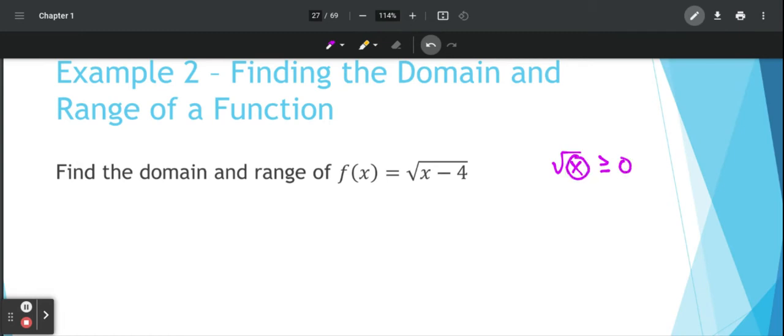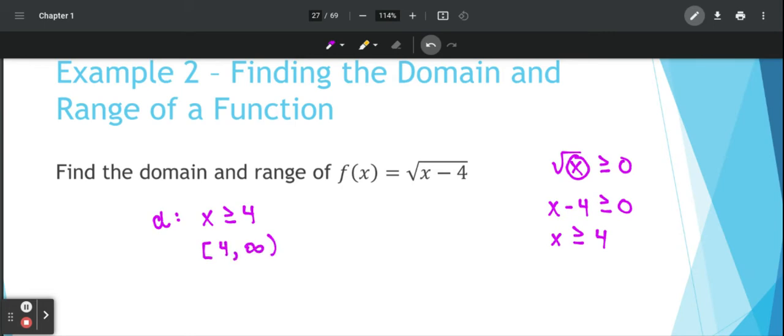So when you have the square root, we can take what's underneath the square root and set it greater than or equal to 0. So if we know that x minus 4 has to be greater than or equal to 0, then x has to be greater than or equal to 4. So your domain, if you were writing it as an inequality, you would say x is greater than or equal to 4, or you would say 4 to infinity if we were using interval notation.